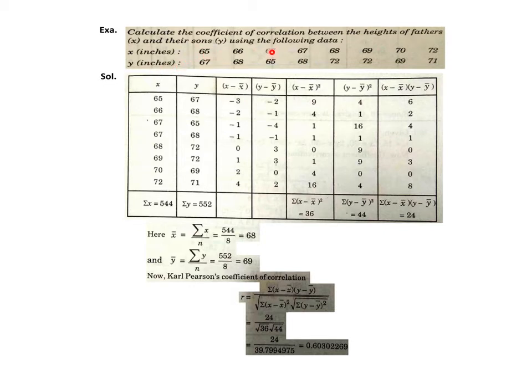All 8 values of x and the same number of respective values of y are given, and we have to find the correlation between these two variables. Are they correlated or not? If correlated, what kind of correlation, strong or poor, positive or negative, can be seen there?